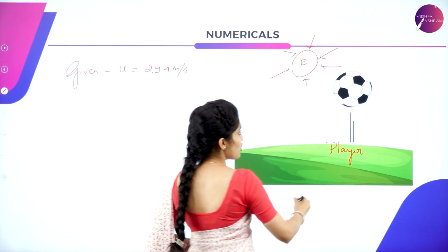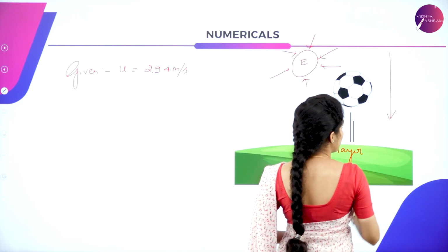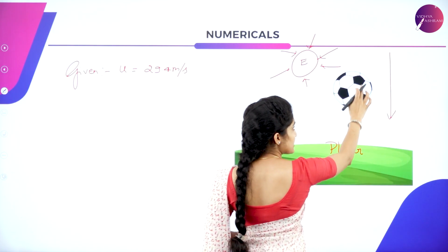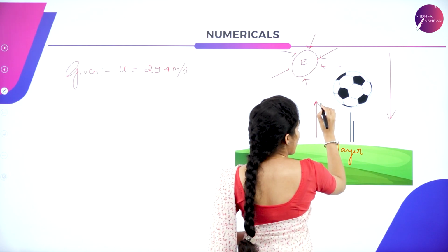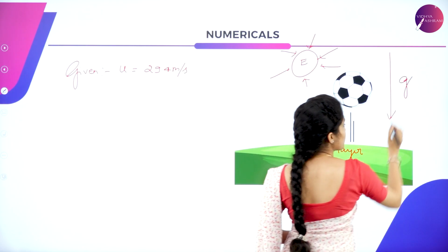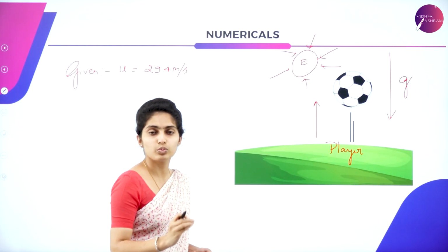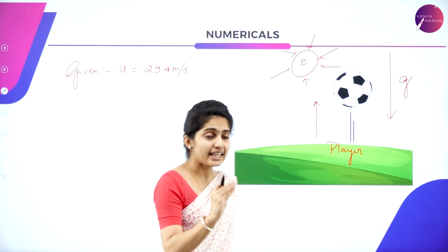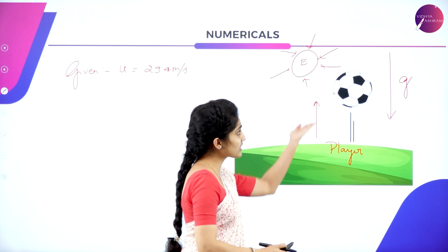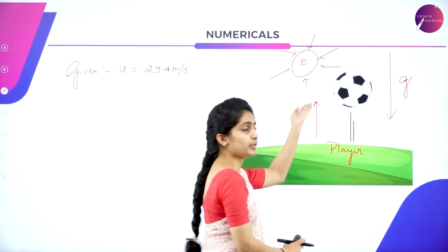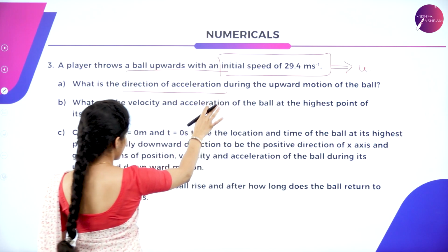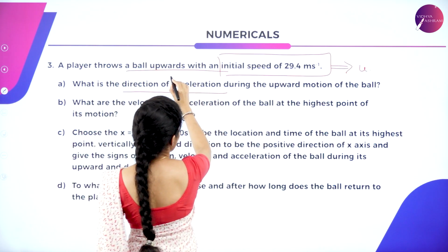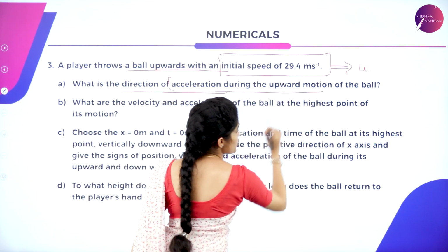So, acceleration due to gravity always acts downwards, and downward motion is taken as positive, and anything which is acting against the downward motion is said to be negative. So they have asked you the acceleration during upward motion of the ball.